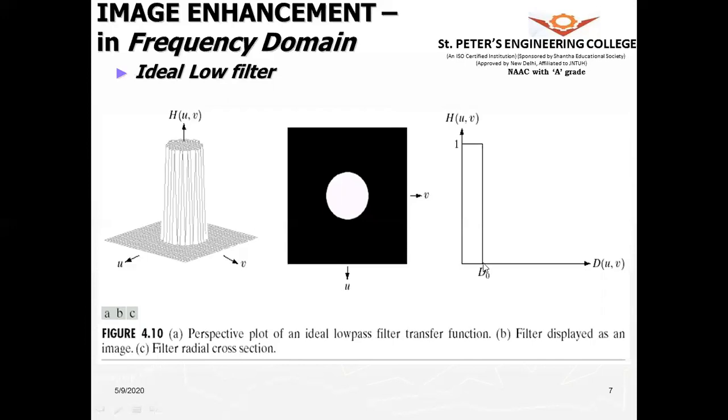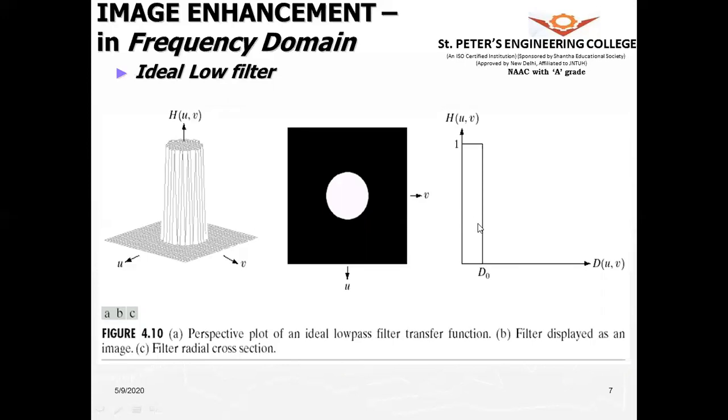After the cutoff frequency D naught, the stop band starts. The pass band is here, where the magnitude or the gain is 1, and there is full attenuation after the cutoff frequency. So this is the ideal low pass filter.